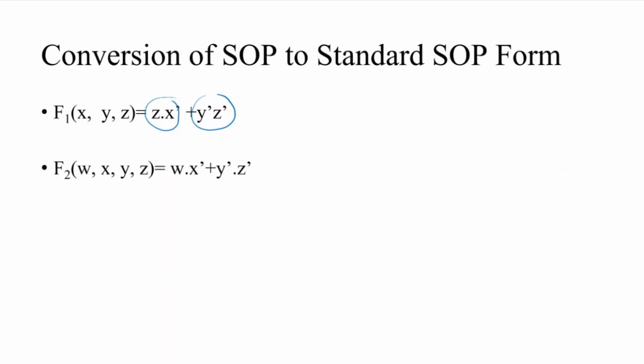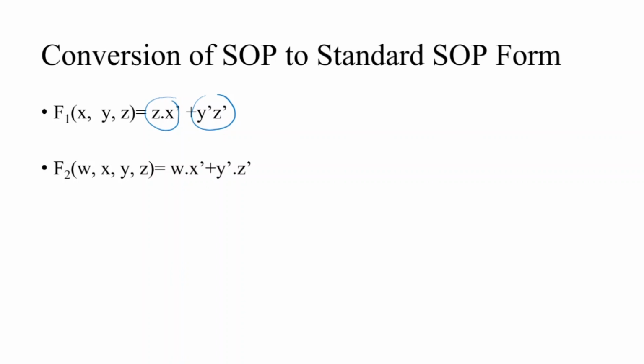But how do we convert it into standard SOP? Standard SOP means each and every min term present in the function contains all the literals, that is, each variable present either in its original form or its primed or complemented form.